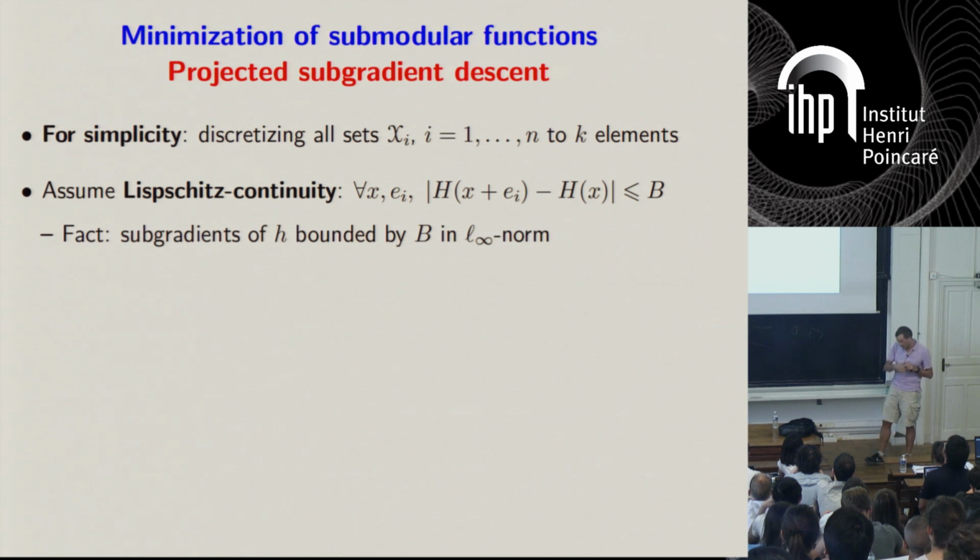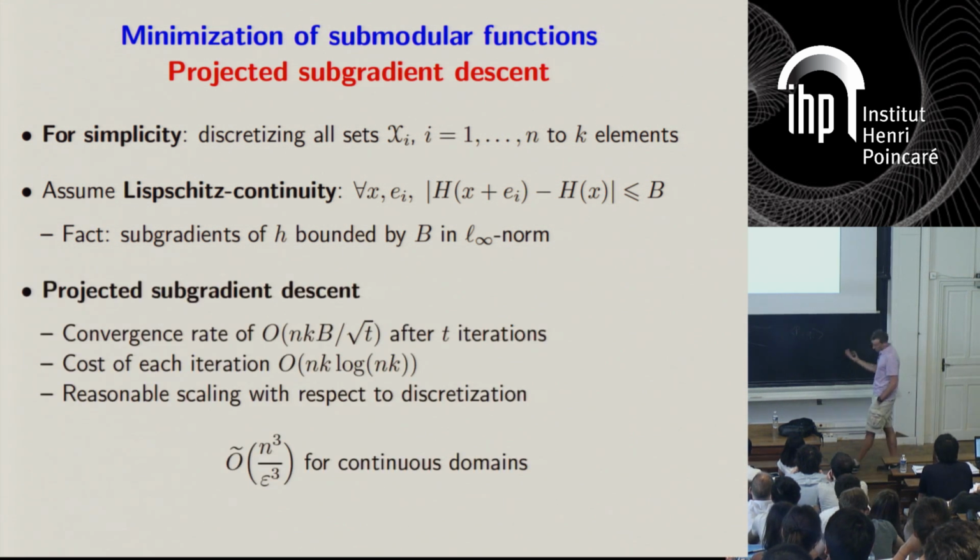I take every interval and cut it into k pieces, so at the end I'm never exponential in n, I'm just polynomial in n. So I discretize all sets like that. Then I'm assuming a typical regularity condition for functions. And at the end, by applying the simplest algorithm, projected gradient descent, you obtain a complexity which, for the experts in the room, is the 1/root T complexity.